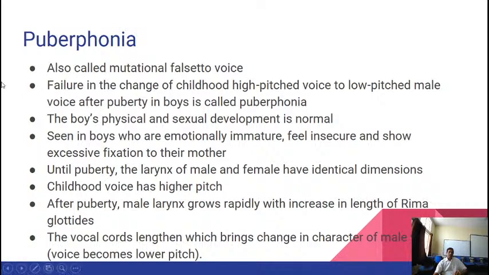The pitch of the male is low because the vocal cords are long, because of the enlargement of the thyroid cartilage.